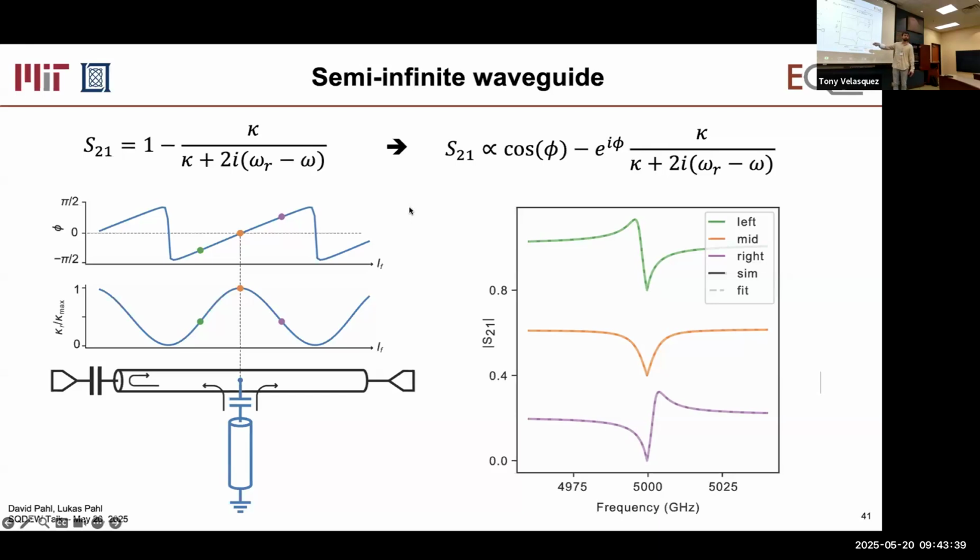There's no coupling. Those photons look like they never left the resonator because they destructively interfered at this point. And then there are the other points of constructive interference, right? And this is what reconstructs this thing. And if you plot this phi parameter, you also see that it wraps between minus pi half and pi half. It doesn't mean a whole lot right now, but we will use it for designing readout resonators.